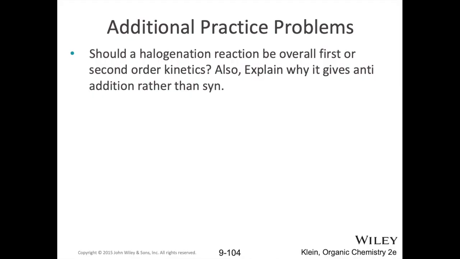Okay, then your second step, of course, is where the resulting bromonium ion reacts with your bromide, which is a relatively fast step, right? Your bromonium ion is at a relatively high potential energy. It's not super stable because of that positive formal charge. So it's going to readily react with that negatively charged bromide ion. Okay, so your first step is the slow step. So ask yourself, how many molecules are involved in that?